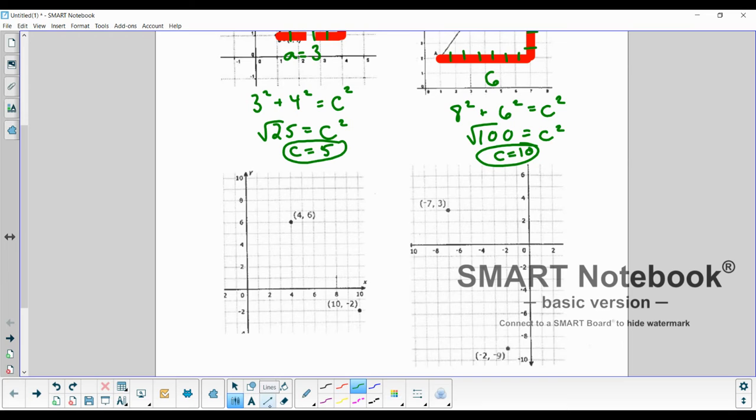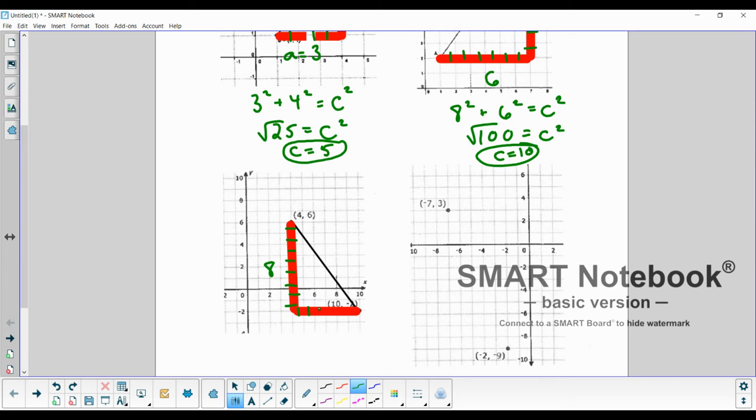For this next one, they just give you 2 points. They don't actually give you the line segment, but we can easily draw a line between these 2 points and then make our right triangle. So this to this is our right triangle. So let's count. 1, 2, 3, 4, 5, 6, 7, 8.